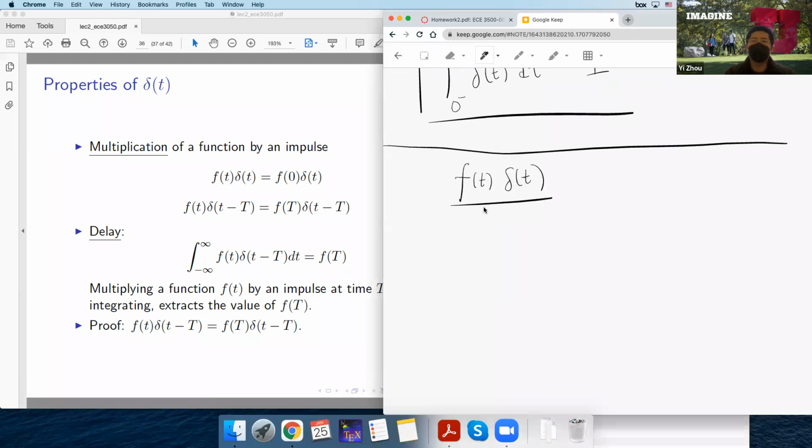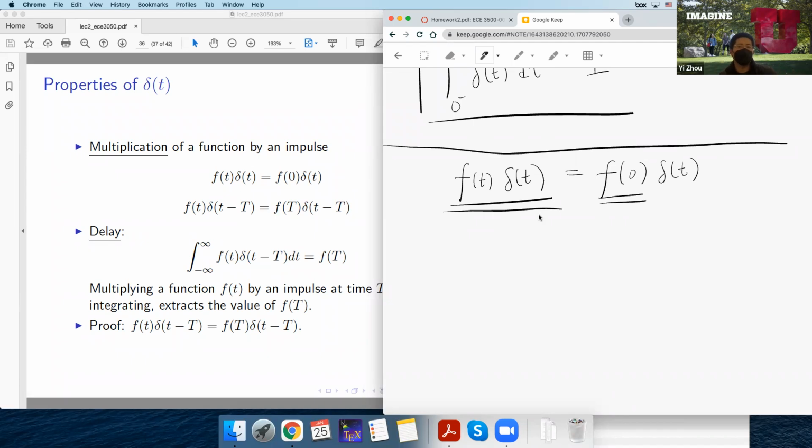So the signal on the left actually equals the signal on the right. Basically, when you consider a multiplication of any function f(t) by the impulse function, you only need to care about the value of this signal at 0, because we know that everywhere else, delta(t) takes 0 value.